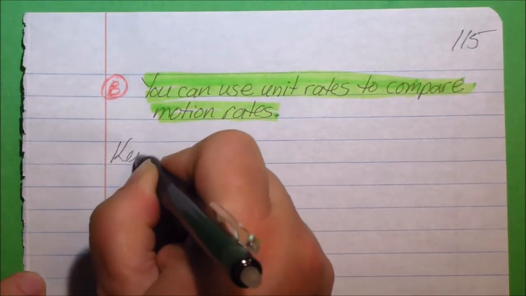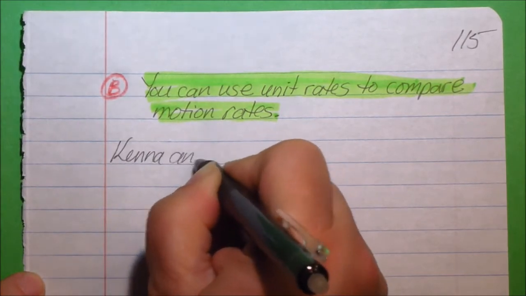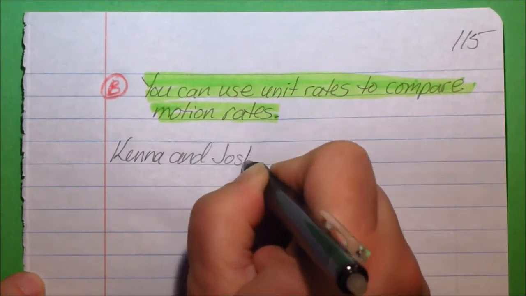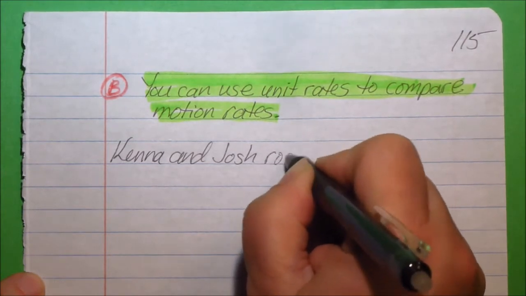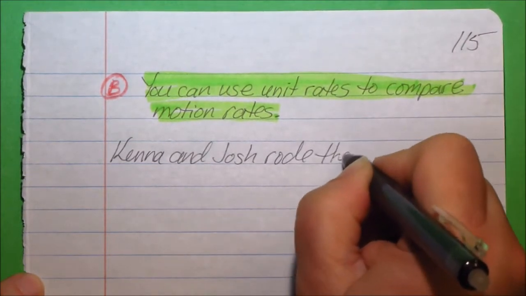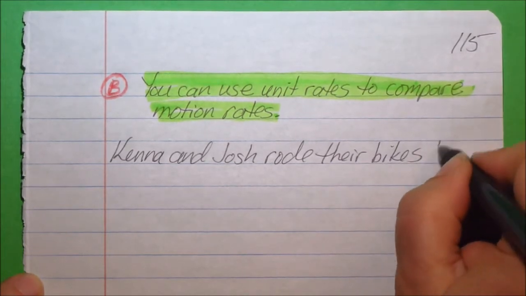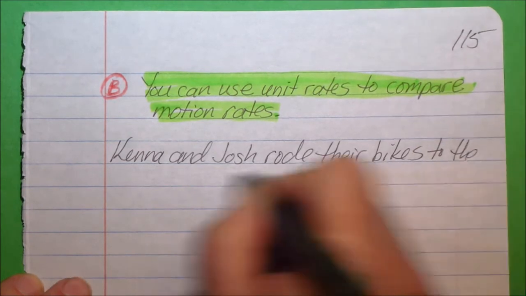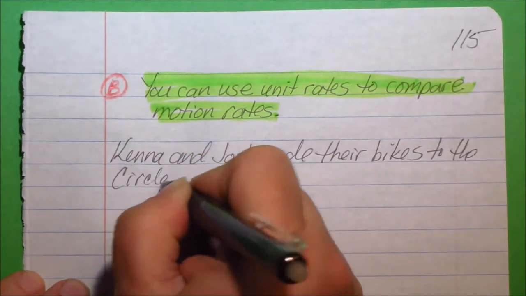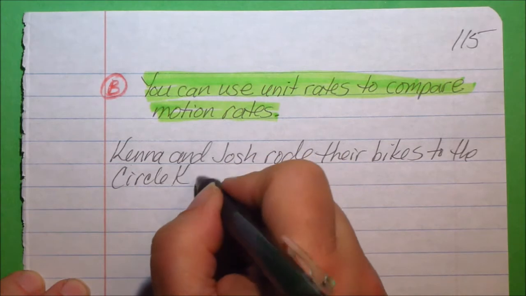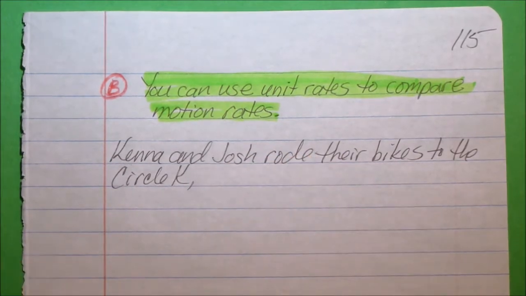Kenna and Josh rode their bikes to the Circle K. I put Circle K there because the original problem from the book said they rode their bikes to the video store. Who goes to a video store anymore? I don't know. But they might go to the Circle K in their neighborhood.